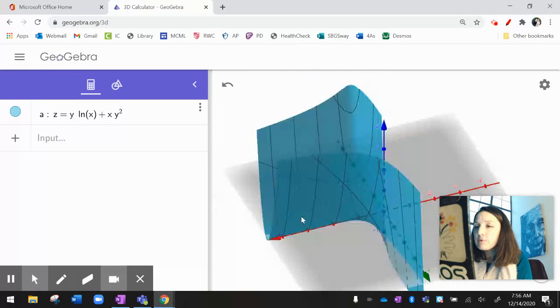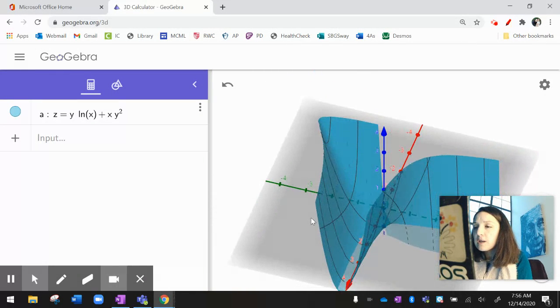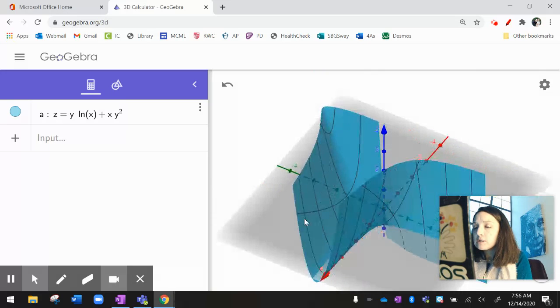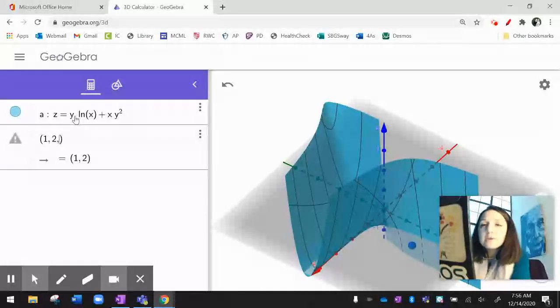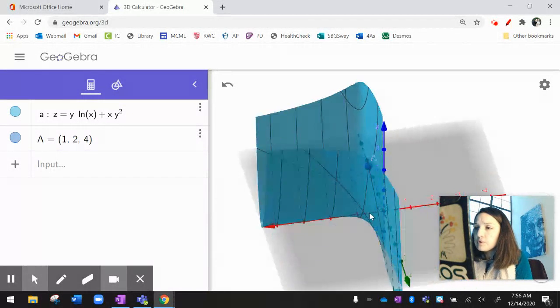And we were supposed to be looking at this at the point (1, 2). If I'm at the point (1, 2), my z value would be 4. So there's the point.